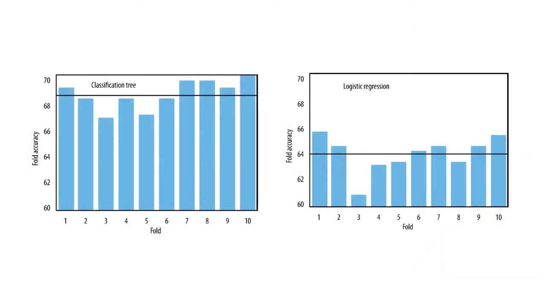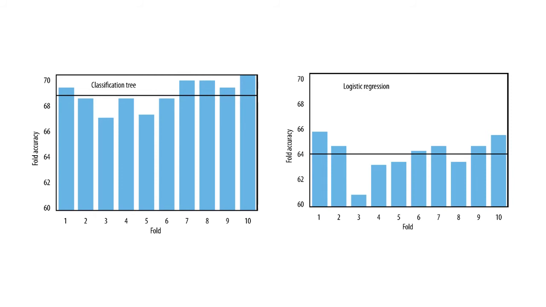The images here show the fold accuracies for cross-validation on a classification tree model on the left and a logistic regression model on the right. We can see the accuracy of the models varies across each fold, and this is expected. The horizontal line on each graph shows the average accuracy of the folds.